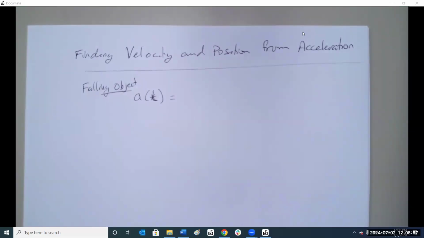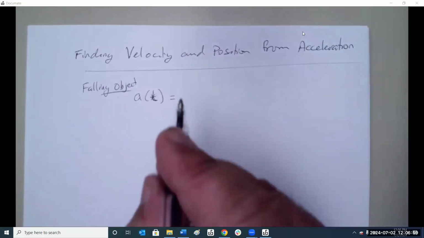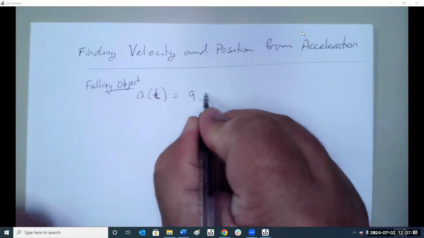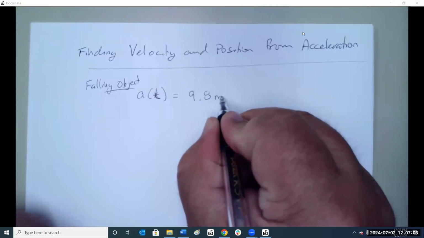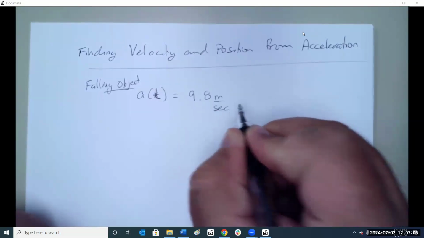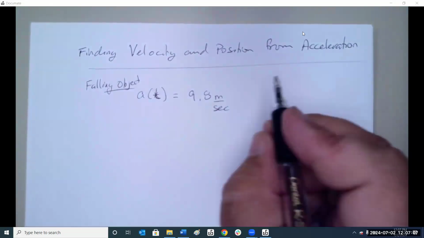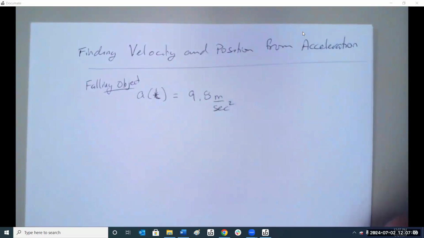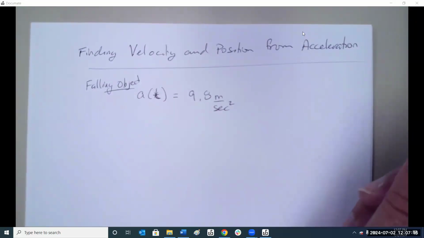Well, yeah, what's the speed of gravity? 9.8 what? Second or second squared? Positive or negative? Doesn't matter because it's a relative position. Since we're looking at down, we're saying it's positive. Opposite would be going up.